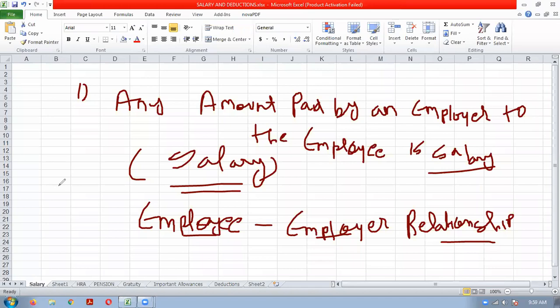Not only money, but anything in monetary terms, like free accommodation given to the employee, leave travel concession, servants' cost paid by an employer for the employee. All these things will come under salary only.